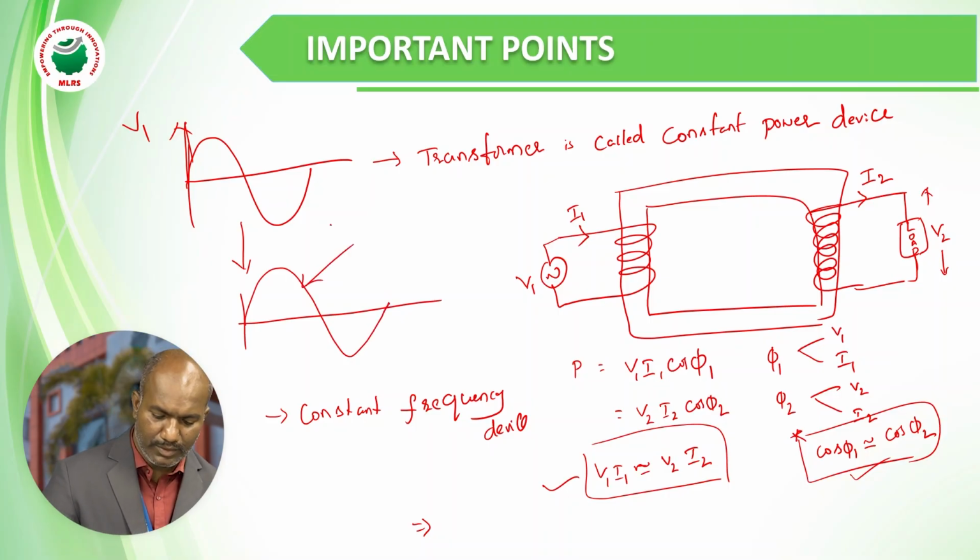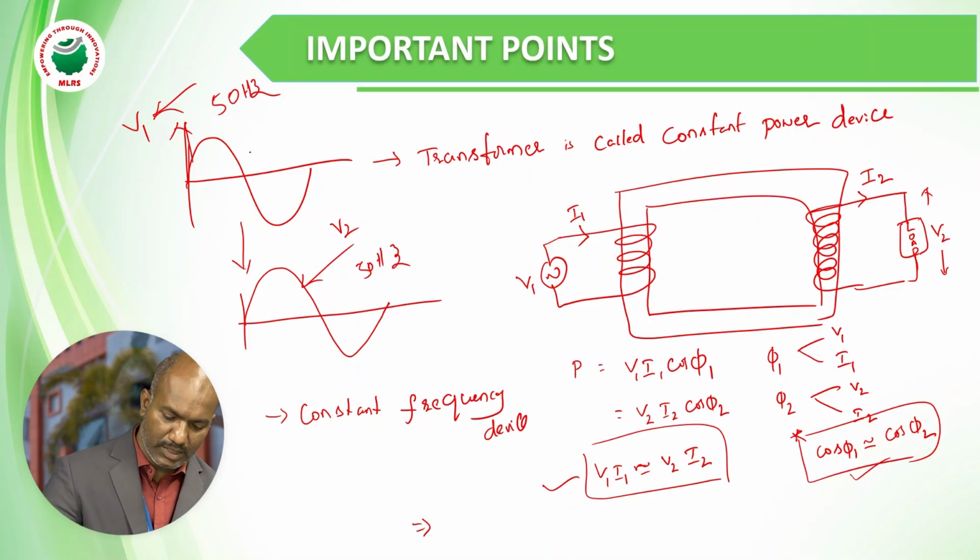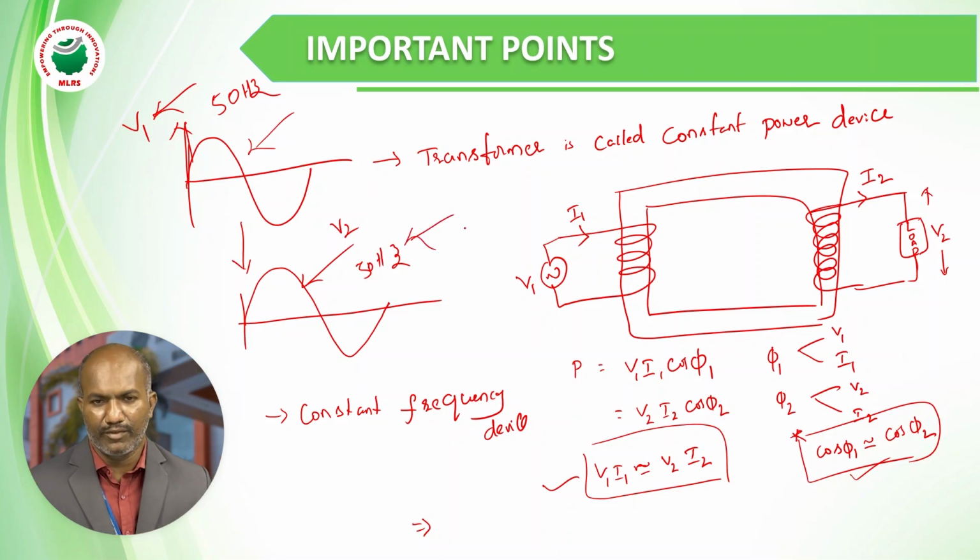Let us suppose V1 has a frequency of 50 Hz, that is, frequency means the number of cycles made per second. On the secondary side, V2 also has the same frequency, 50 Hz. That is the meaning of constant frequency device. So the primary side supply frequency is 50 Hz and the secondary side load voltage is 50 Hz.